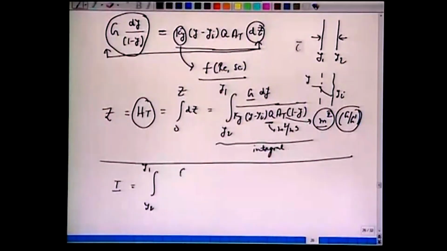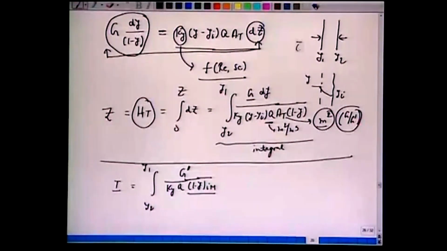Now, we have G over A, which we can write as G prime. That is the nomenclature we use: kg per second per meter square cross sectional area, or moles per second per cross sectional area. G prime over k_y a, we can rearrange to write this as (1 minus y)_I m.